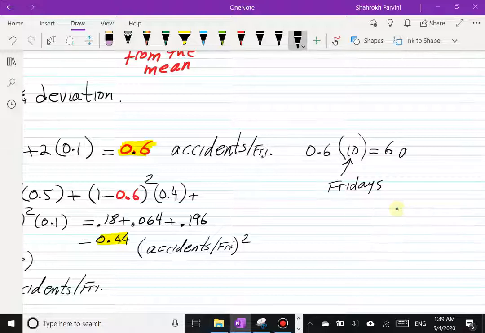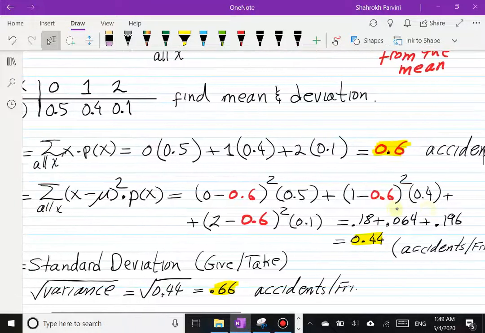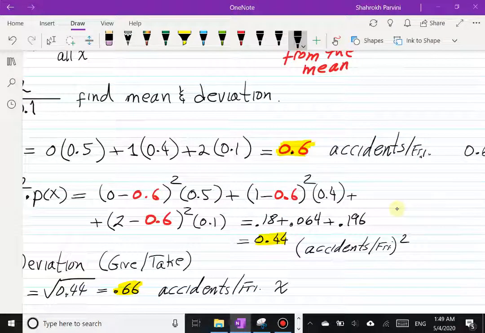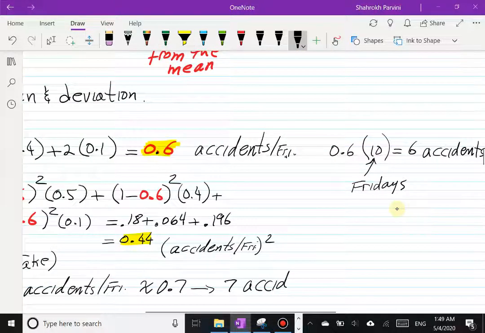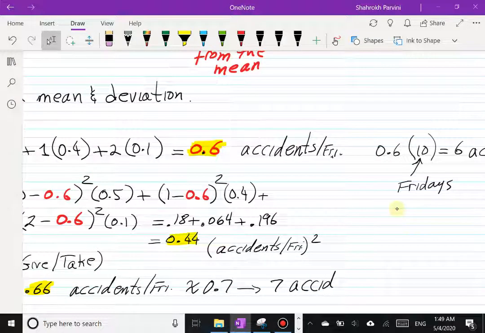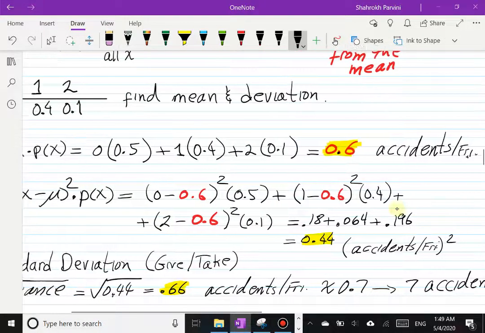So you would expect 6 accidents every 10 Fridays. Now the standard deviation 0.66, call that approximately 0.7. So that means you expect 7, give or take. So the average is 6 accidents every 10 Fridays, give or take 7 accidents every 10 Fridays. So that's how we interpret those numbers.